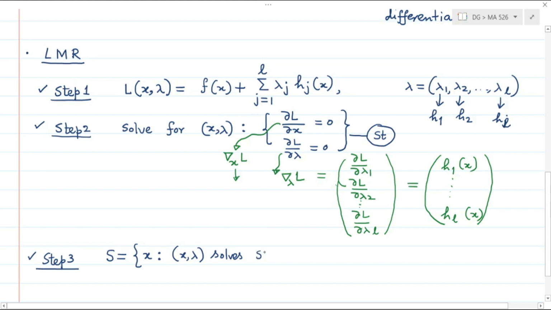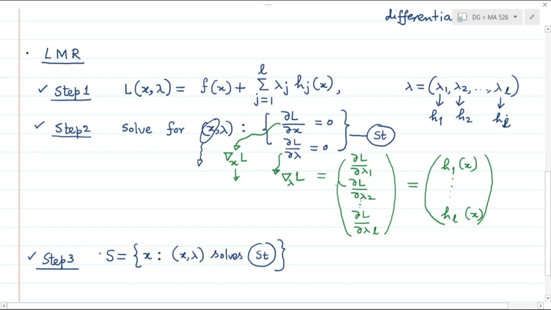So in step 2 you have identified a set of possible (x, lambda) vectors which satisfy this stationarity system, del L del x is equal to 0 and del L del lambda is equal to 0. Now out of those (x, lambda) satisfying the stationarity condition, you find the vectors x, and the collection of those x's constitutes the set capital S.